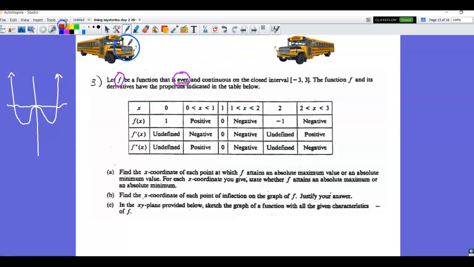All right, the next thing that I notice is that whatever information I provide is on the closed interval from negative 3 to 3, and the function has properties given in the table below. So I notice that they're giving me information at 0, from 0 to 1, at 1, 1 to 2, at 2, and 2 to 3.